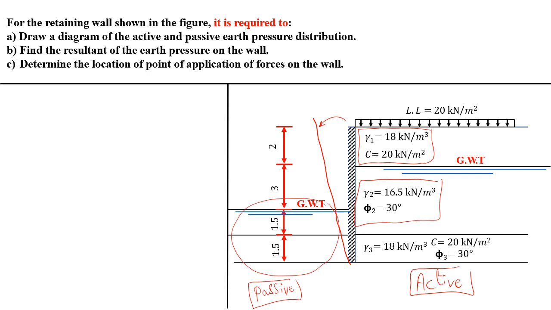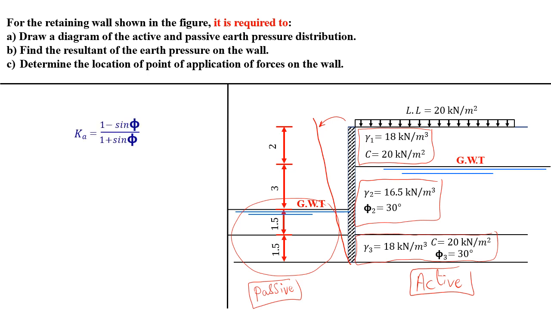Then we have maybe silty sand layer which has a cohesion of 20 kilonewton per meter square. It may be clayey sand and a phi value of 30 degrees and unit weight of 18 kilonewton per meter cube. So for the 3 soil layers we have to calculate K active and K passive.